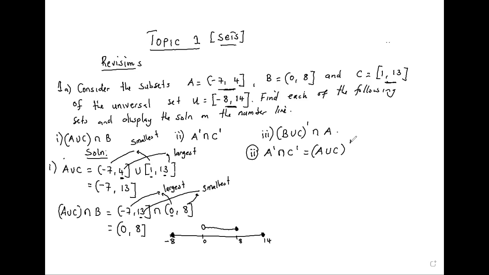So now here is the number line. So up to 14 and up to -8. Then A is -7 up to 4, open up to. That's A. C is from 1 up to 15, so close, up, close.